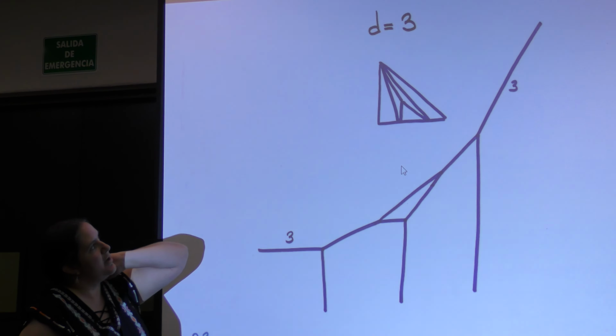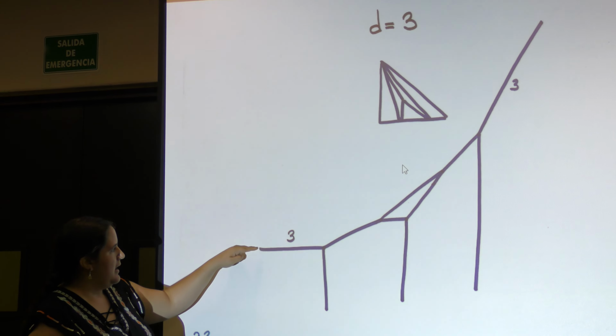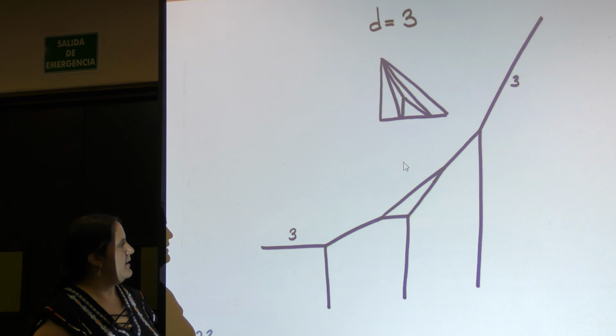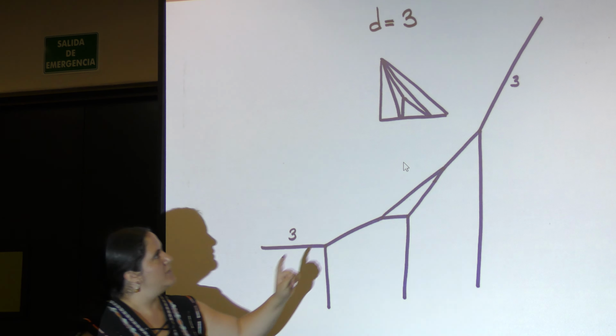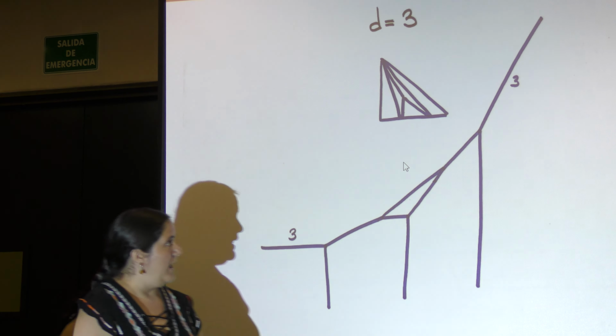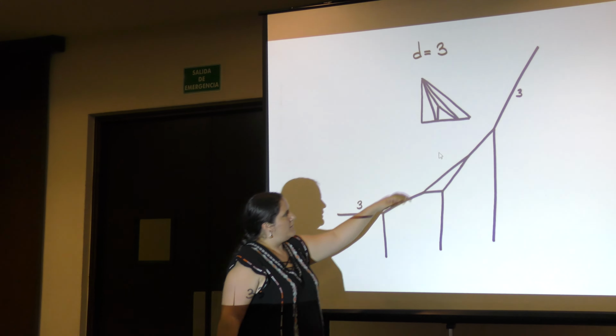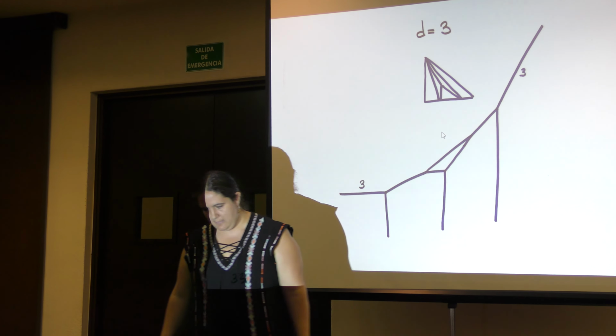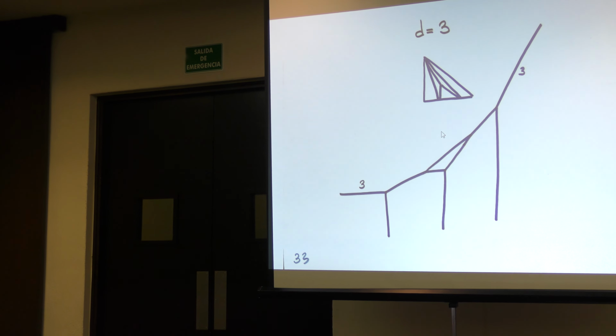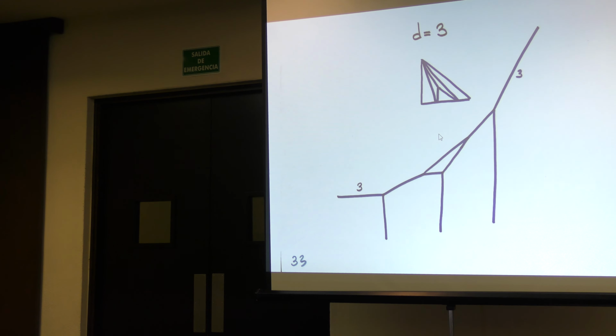It's dual to this triangulation. We have a weight 3 edge in this direction and a weight 3 edge in direction 1, 1. And we have 3 edges in direction 0, minus 1 of weight 1. This is a genus 1 cubic in the plane.